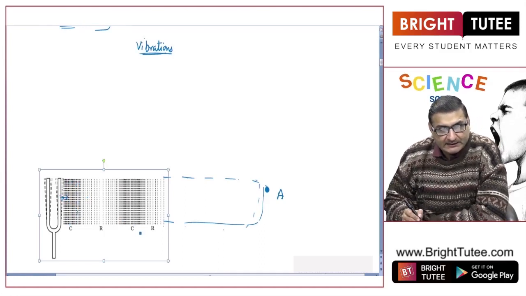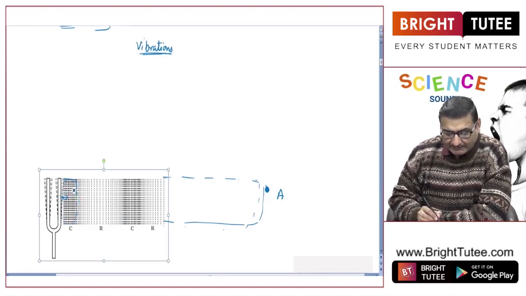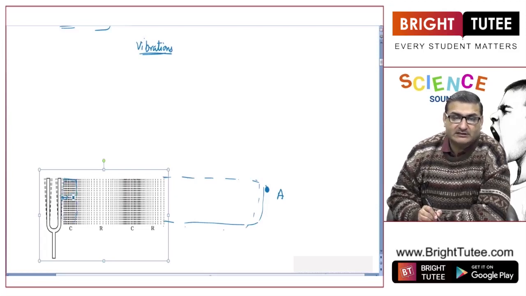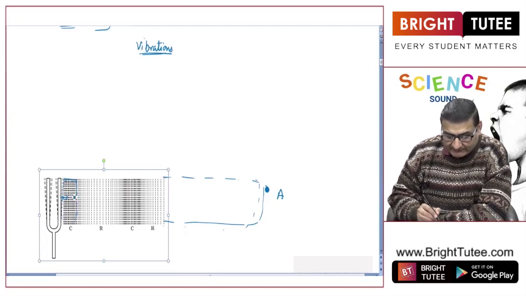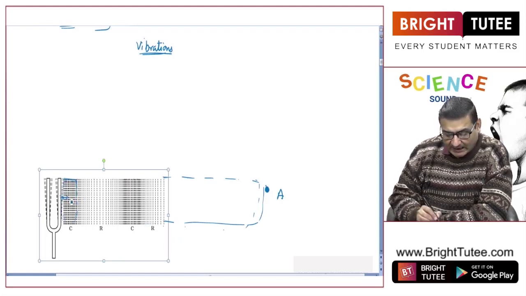Now there is this particular region where the air particles come a bit closer to each other than normal. Then when these particles compress, they will exert pressure on the particles ahead of them. Fine. And after pushing those particles, they will come back to their normal position.